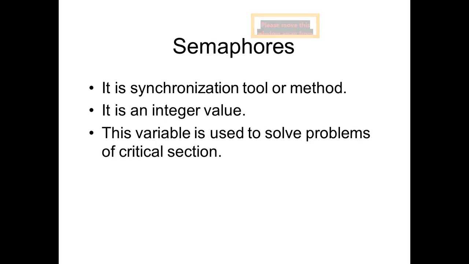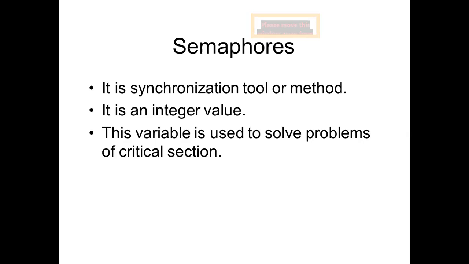Actually, a number of problems arise in the critical section. So what is the critical section? We have already discussed the matter. In the critical section, only one process will execute at a time. And how does the operating system resolve the problem in the critical section?